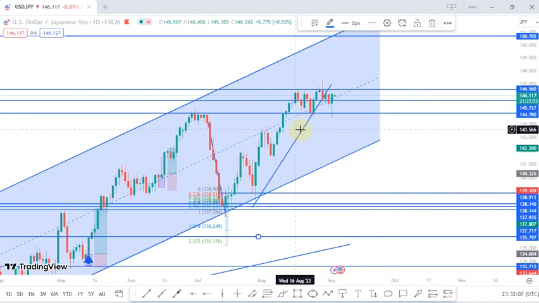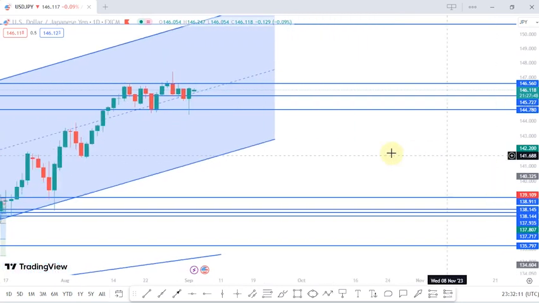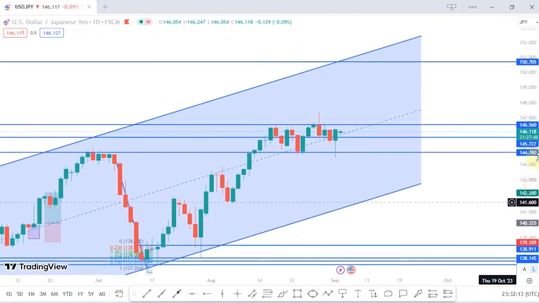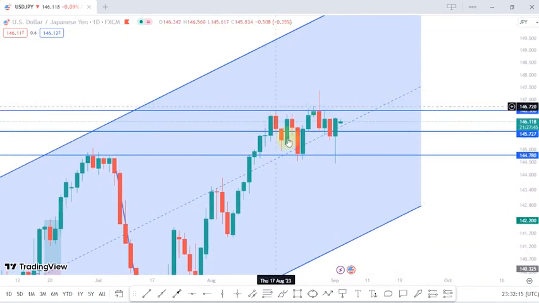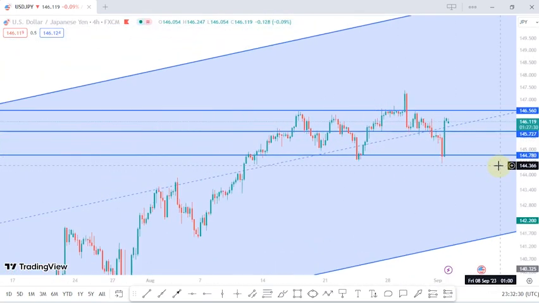From our last analysis, you can see that this pair has been consolidating in this area. So at this point, this is the daily time frame. Let me go to the H4 time frame and see what is going to happen here.